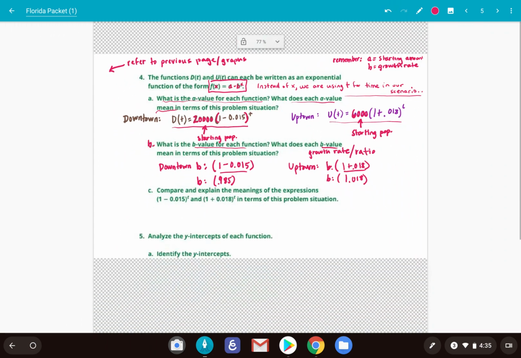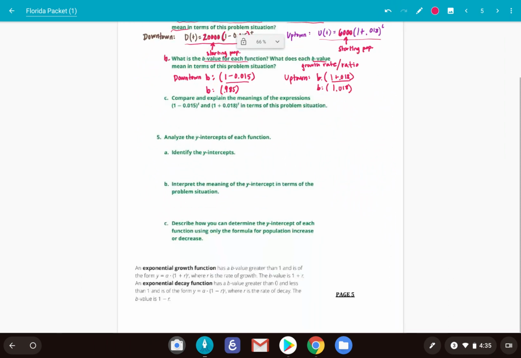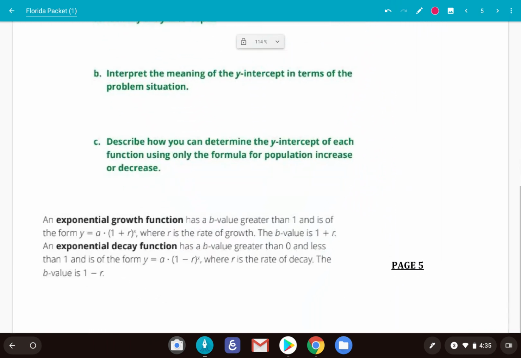And if you look down at the bottom of this page, I just want you to read what it says here. So an exponential growth function has a b value greater than 1. And it has the form y equals a times 1 plus r to the x power. And r is your rate of growth. The b value is 1 plus r.